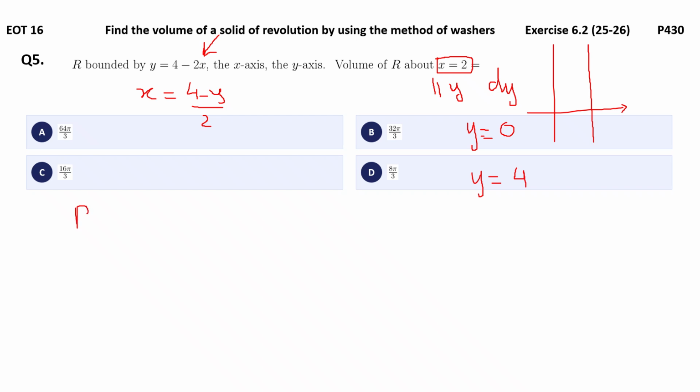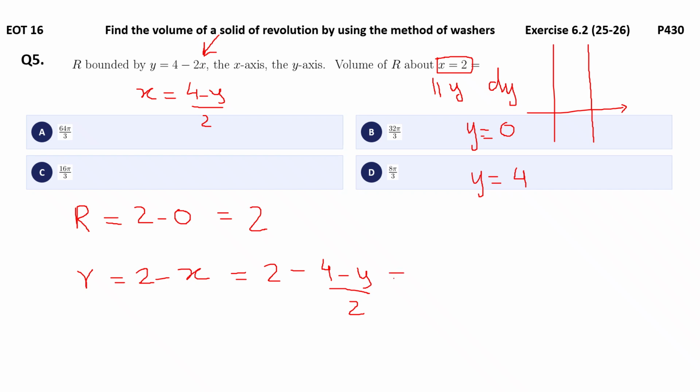Let's explore how to get the outer radius and the inner radius. Since it's a positive number, outer radius will be 2 minus 0. And inner radius will be 2 minus, this time it is x. So we get our outer radius as 2 and the inner radius, when you substitute, you will get 2 minus (4 minus y), the whole divided by 2.